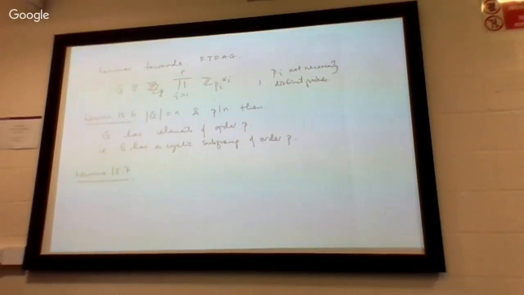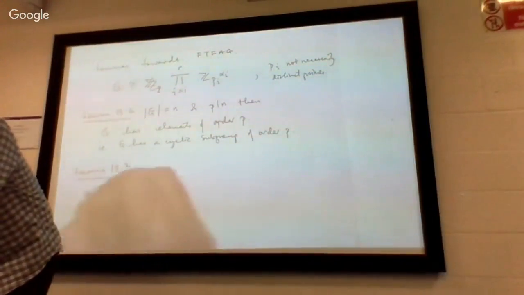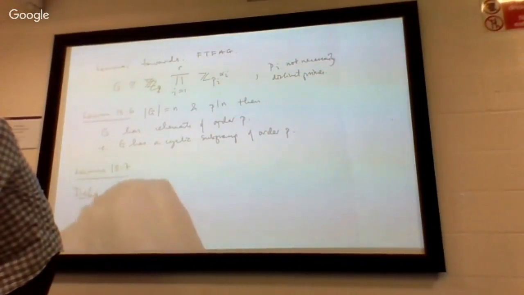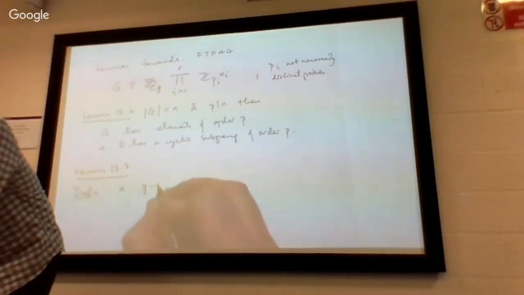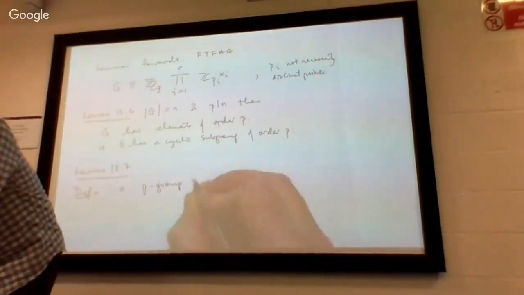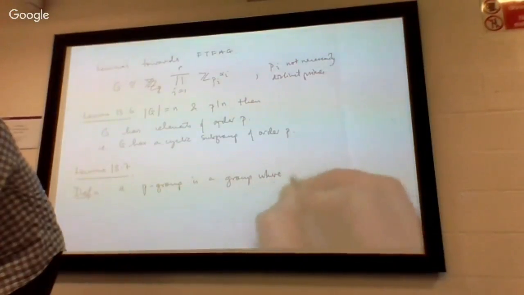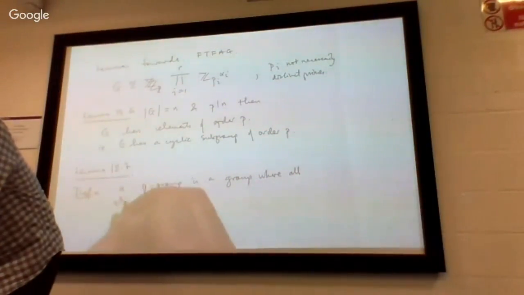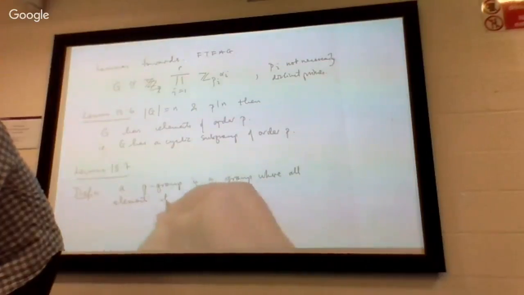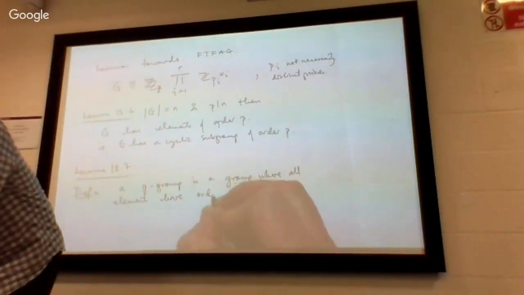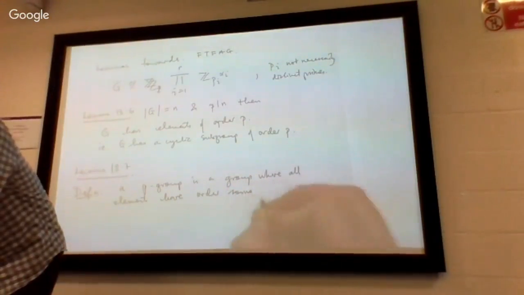And we need now the notion of a p-group. So actually we have this definition. A p-group is a group where all the elements have order a power of p, some power of p.